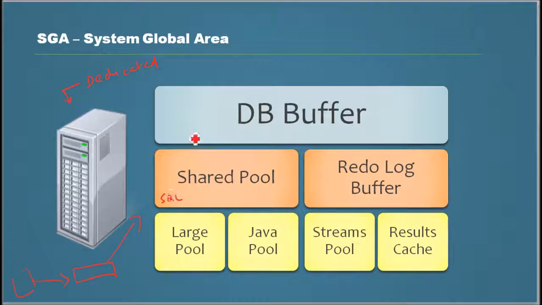This makes the SGA go and fetch the data which is stored in the disks. And when the data comes, it goes to the DB buffer cache.